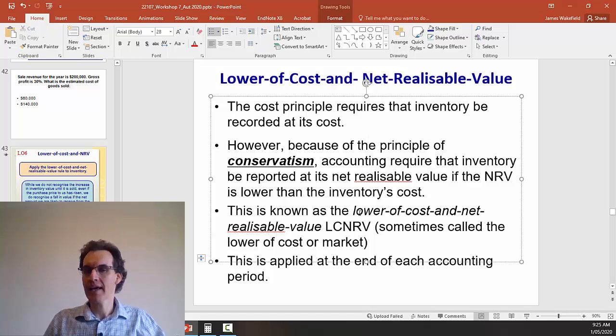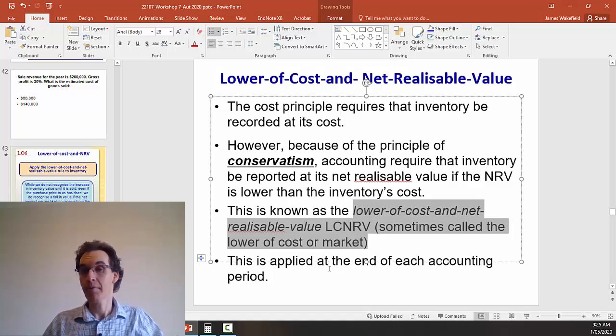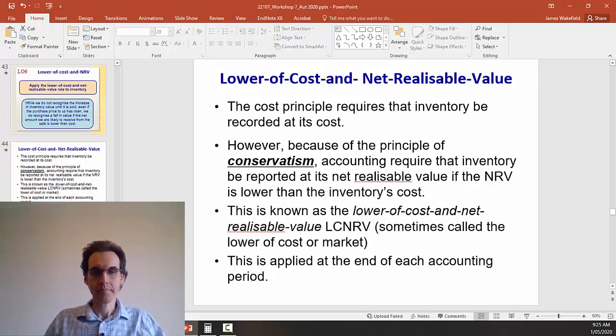This is following exactly what the rule says. It is the lower of cost and net realizable value rule. So if the net realizable value declines below what we paid for it, then we need to report that lower value. This is applied at the end of each accounting period. So that's when we apply this rule.